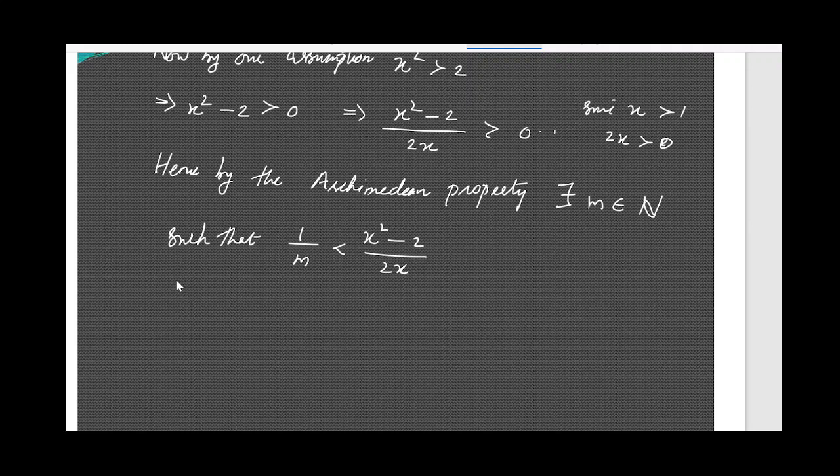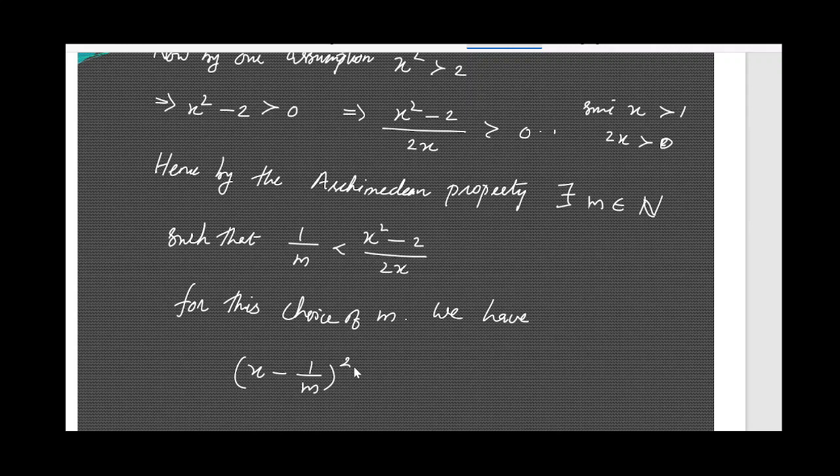Now, for this choice of m, what do we have? We have (x minus 1 by m) whole square.